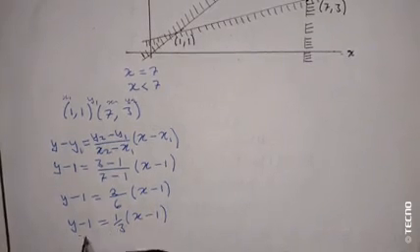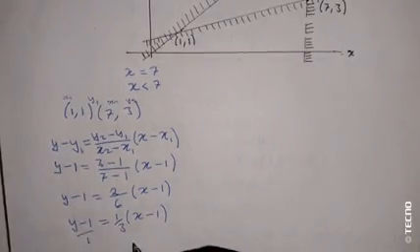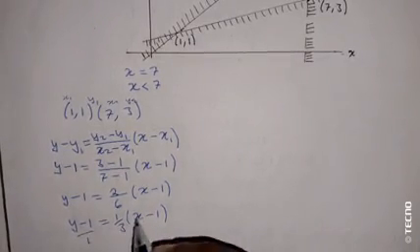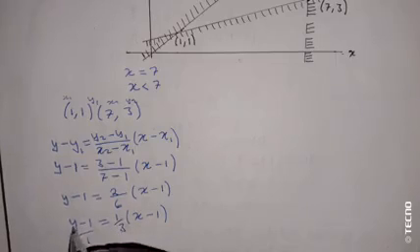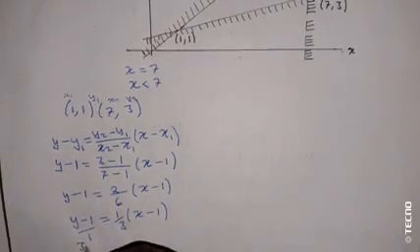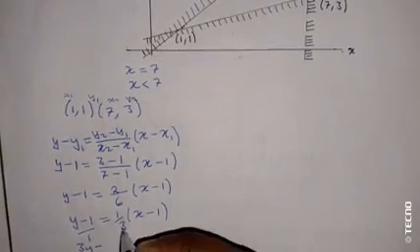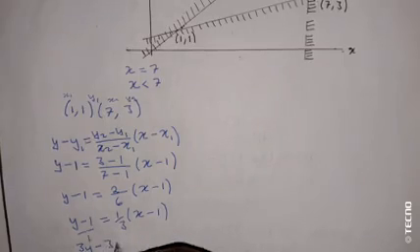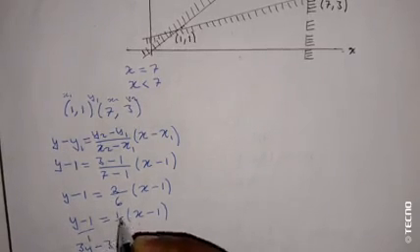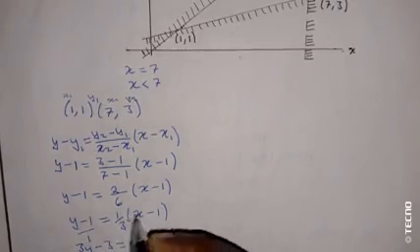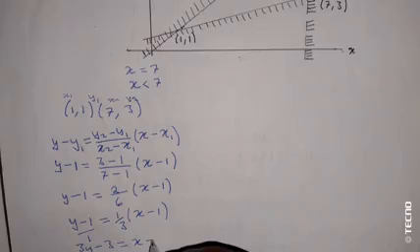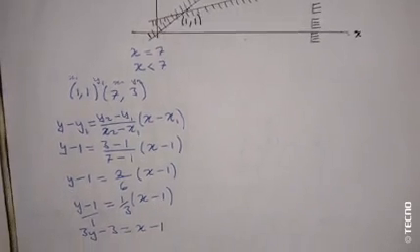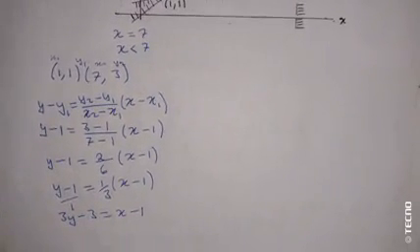Here is a fraction, so we multiply through by 3. We have 3 times y minus 1 is equal to 1 times everything in the brackets, which is x minus 1.